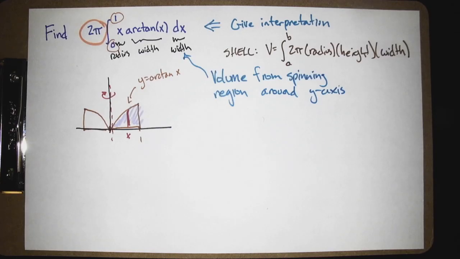Let's think about it. Do we have a different way we could compute this volume? Washer method. If we did the washer method, how would we be slicing?